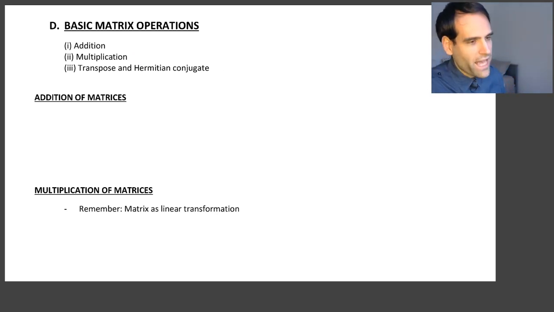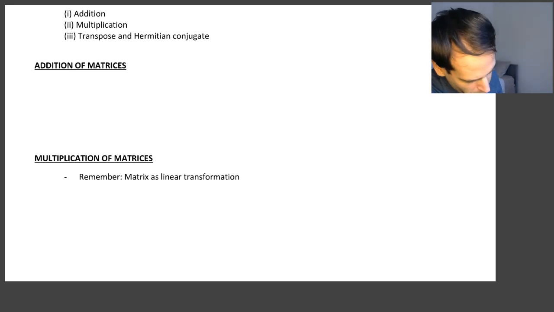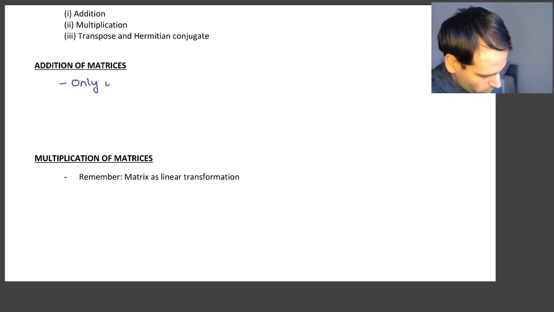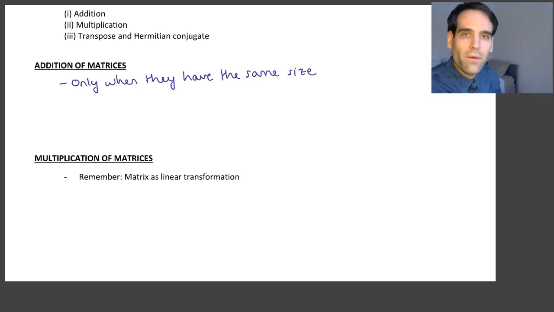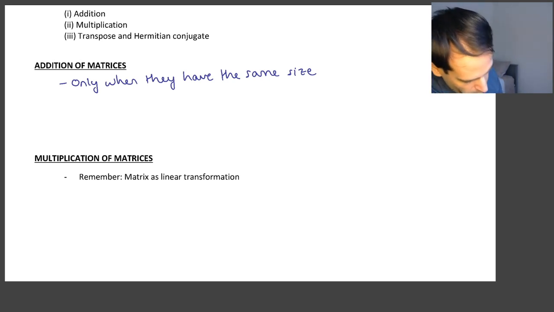So matrices can be added only when they have the same size. And the way to add two matrices is you simply add the corresponding elements.